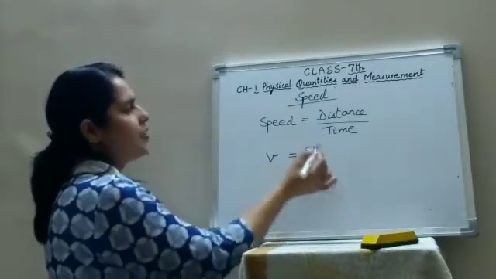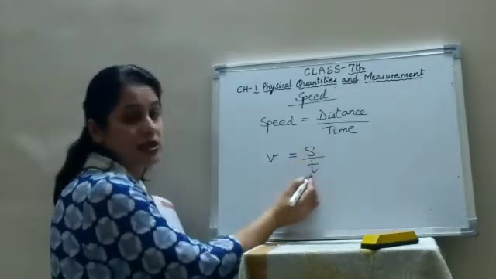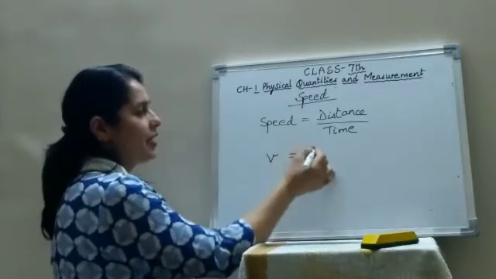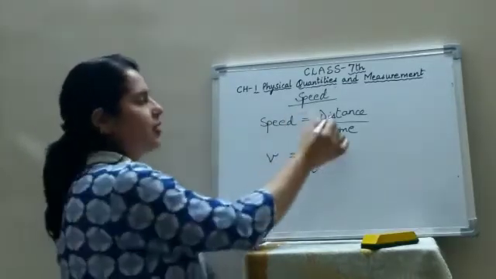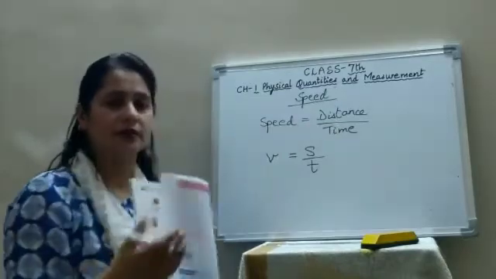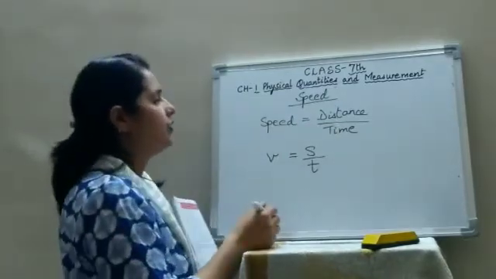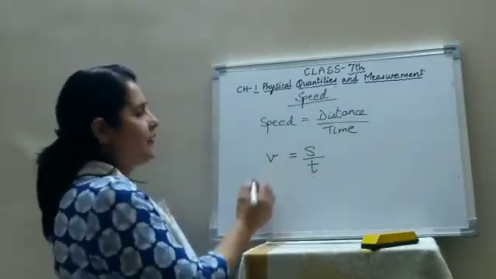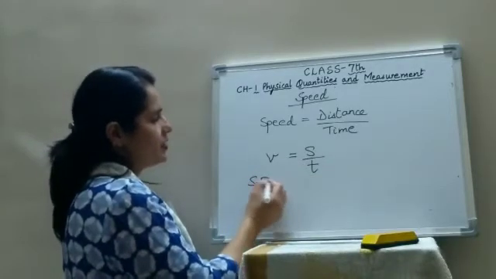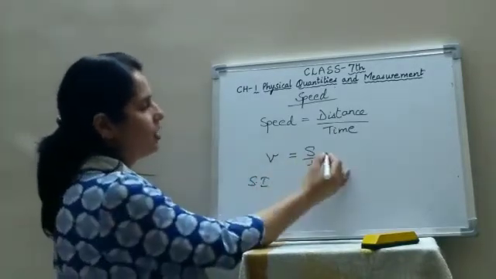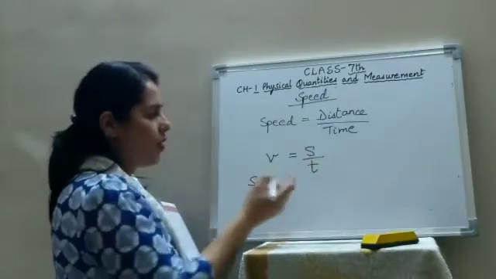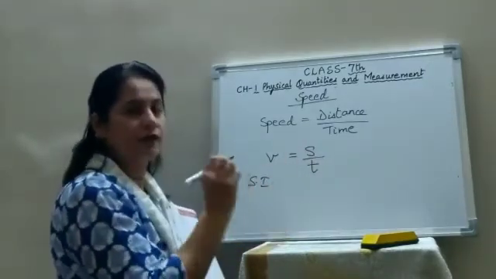So v equals to s upon t. Here v is the speed and s is the distance covered by the body in time t. Now how will you get the SI units? The SI unit of speed is given by SI unit of distance upon SI unit of time.